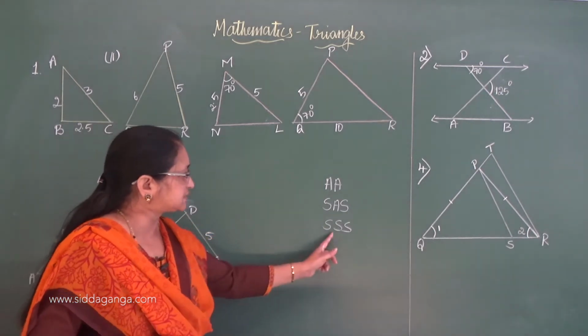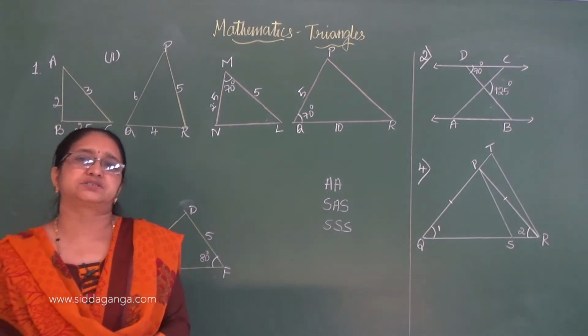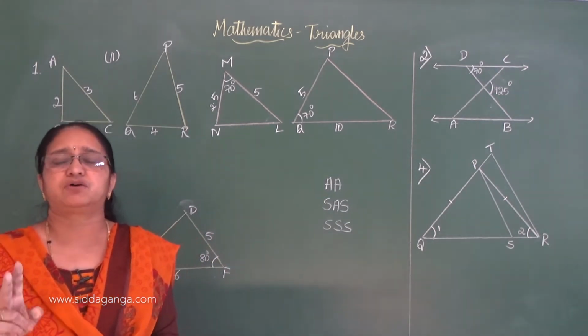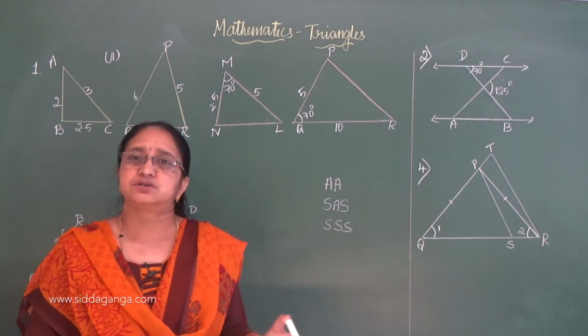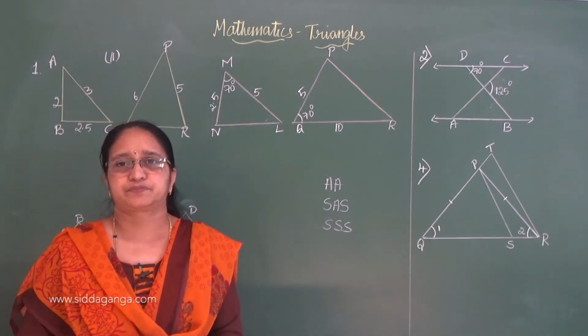And the last one, that is SSS. So if all the three corresponding sides of two triangles are proportional, then the two triangles can be said to be similar. Okay.